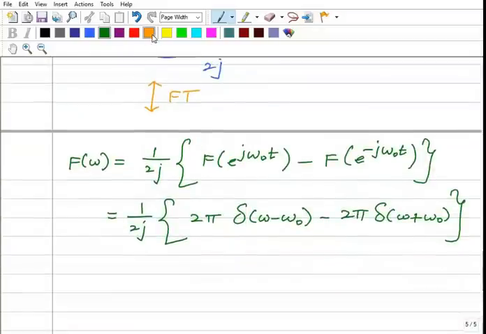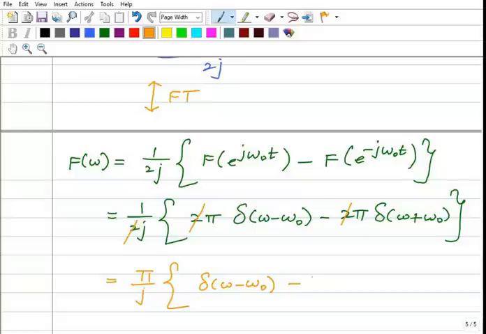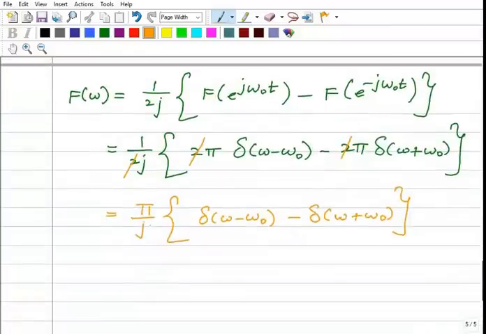So you can cancel this 2. You can take pi common. So pi over j, delta omega minus omega naught minus delta omega plus omega naught. Or in some books what they do, this j you can take it to the numerator.